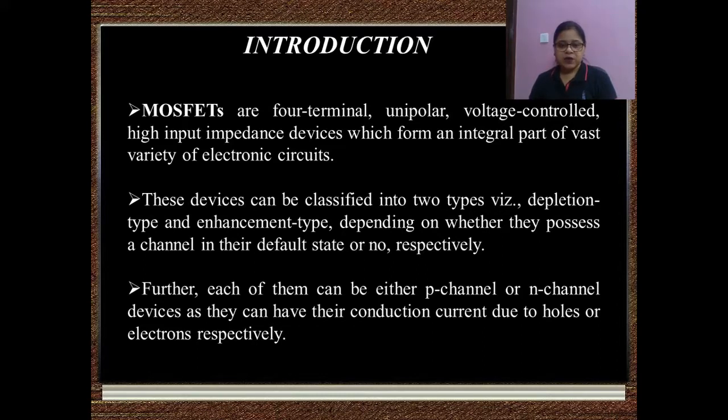Now, talking further about the MOSFET, these devices can be categorized into two types. One is a depletion type of MOSFET, the other is an enhancement type of MOSFET. Now, the difference between the two is that a depletion type MOSFET is known as a normally on MOSFET.